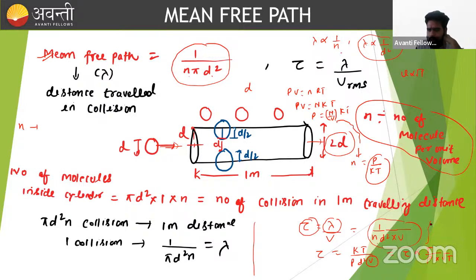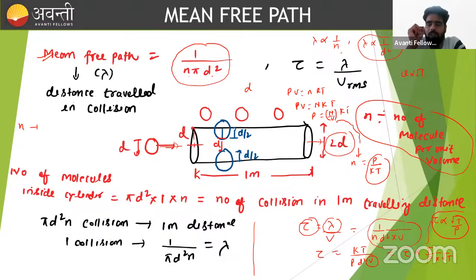So the relaxation time is proportional to the square root of temperature upon pressure. In the last two years, such a question has been asked: how does relaxation time vary with temperature? Square root of temperature divided by pressure. I hope this is clear for everyone.